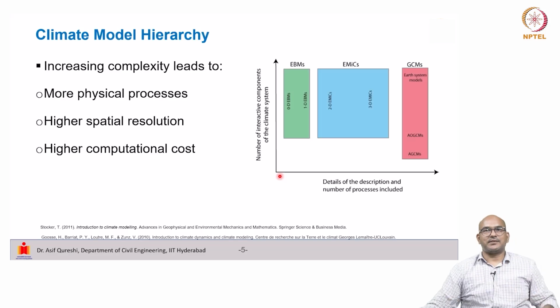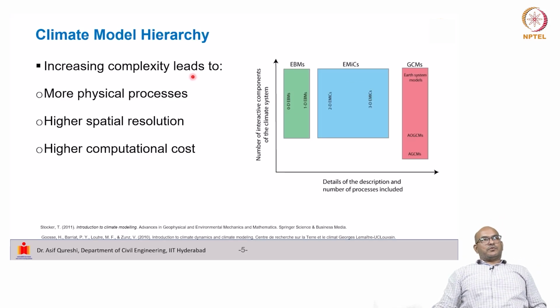Of course, as we have seen earlier, the increasing complexity leads to description of more physical processes. We also have higher spatial resolution. Of course, when we have more processes described at a high resolution, we end up with a high computation cost.